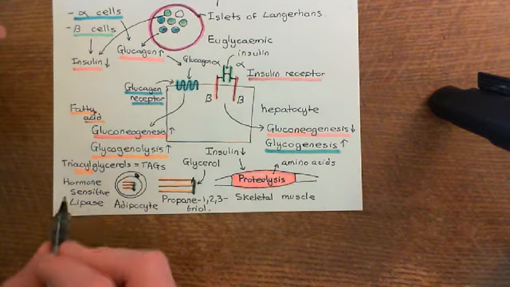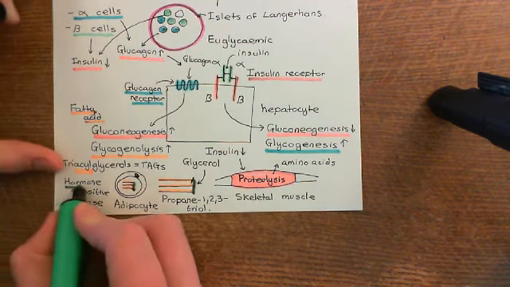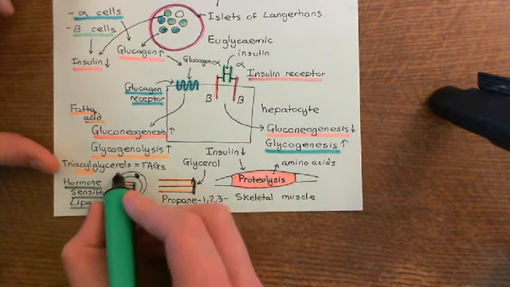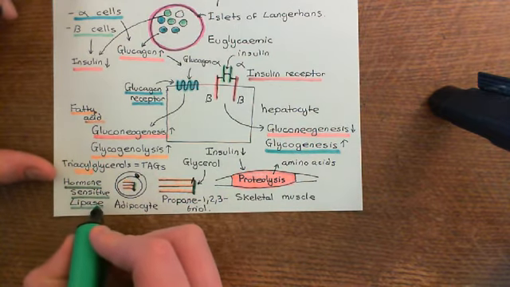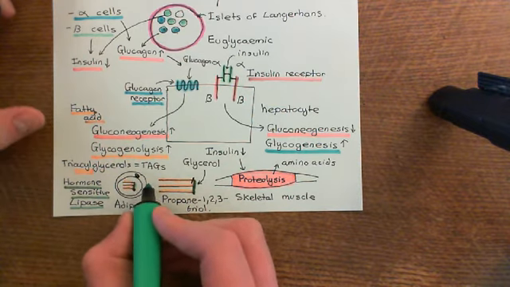Now hormone-sensitive lipase is usually inhibited by insulin. So insulin acting on insulin receptors on the surface of the adipocytes causes the inactivation of hormone-sensitive lipase so that you don't then start breaking down triacylglycerols to release free fatty acids.